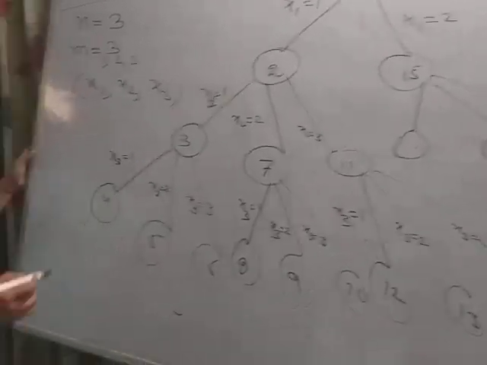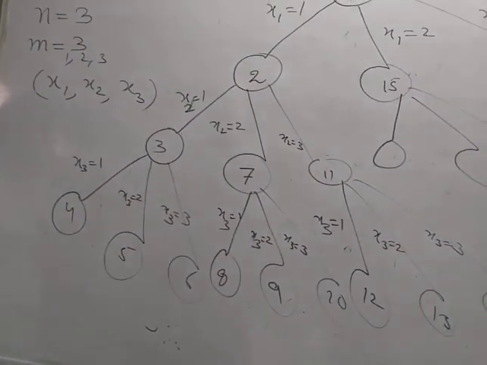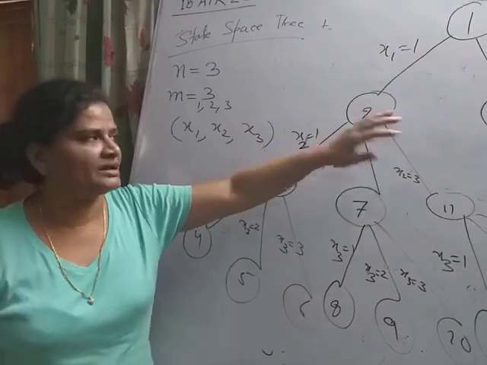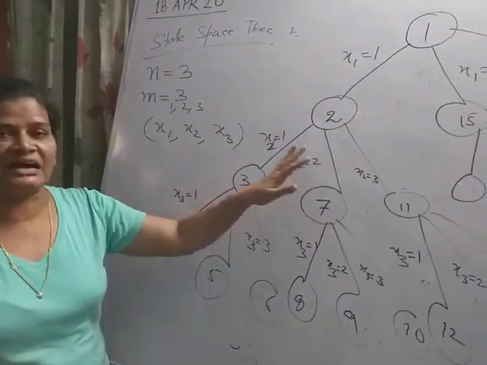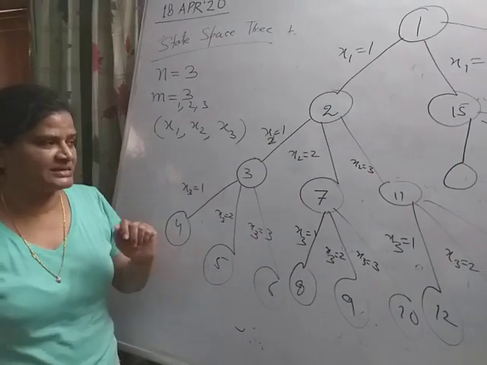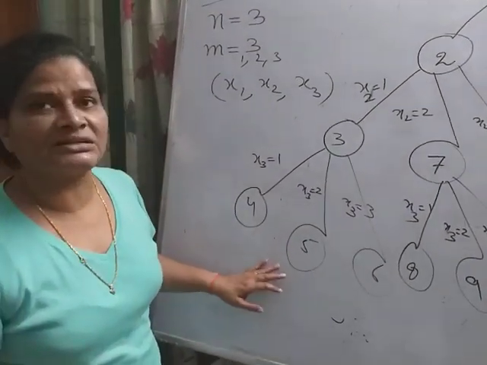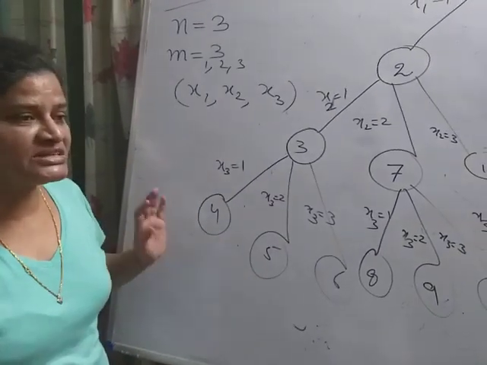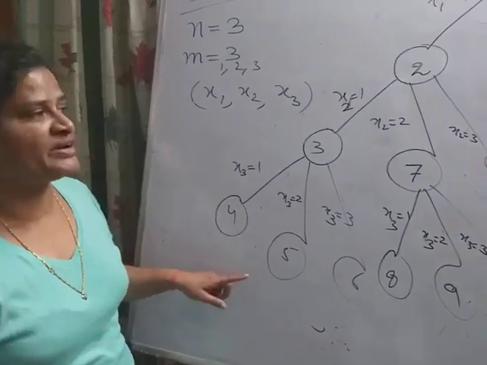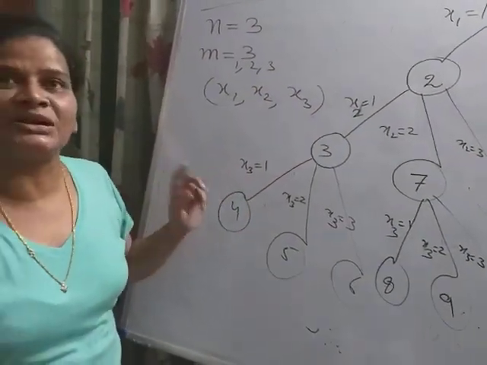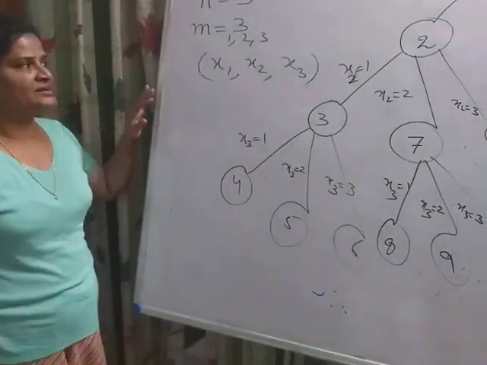Just as we know, for this state space tree, there is lots of terminology. Every node of this graph is a problem state, and for this graph coloring problem, what are the solution states? Solution states are those states for which the path from the root node to that node leads to a tuple in the solution space.